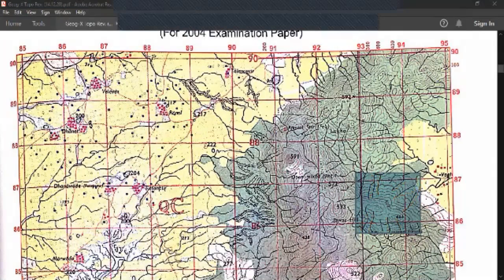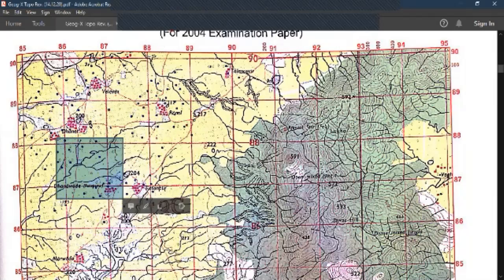Now, the second drainage pattern, which is in grid square 8687.